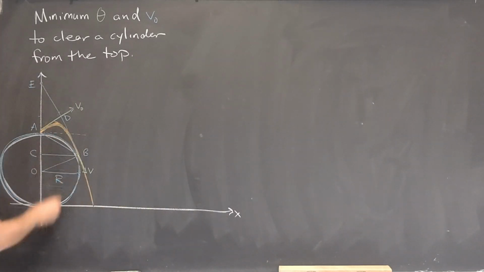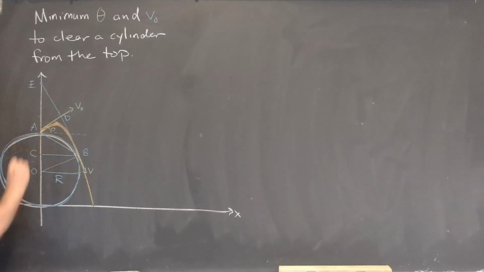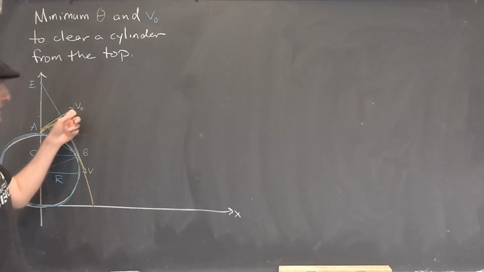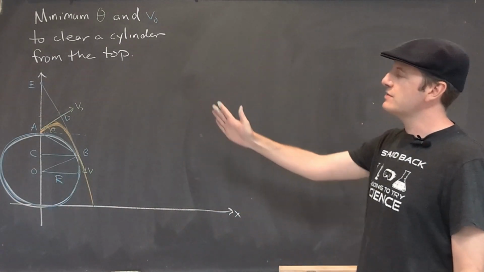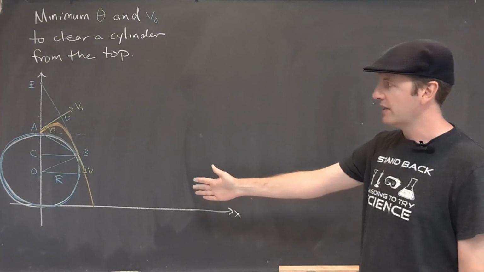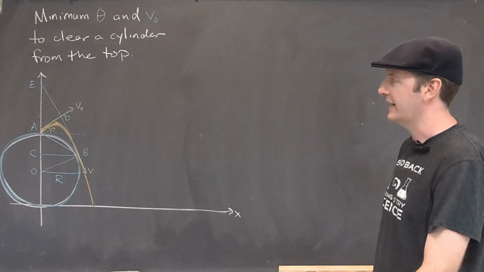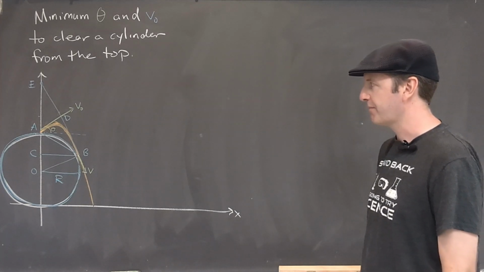So the angle we're talking about here is this angle, theta, the launch angle, relative to the horizontal, and minimum speed, v naught, so that this projectile just barely clears the cylinder, doesn't re-intersect it at any point. Minimum angle and minimum speed.